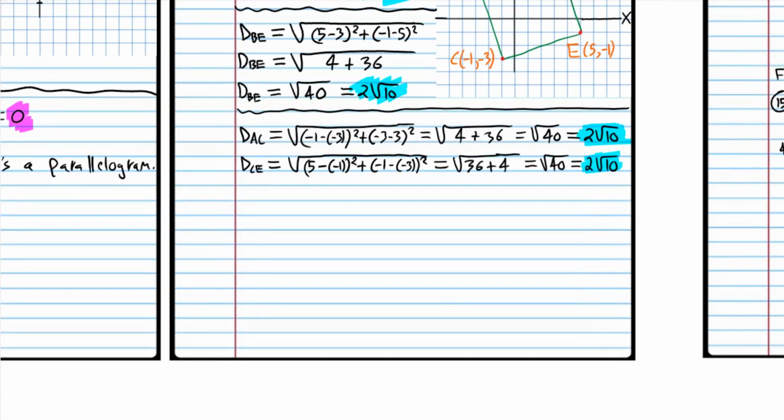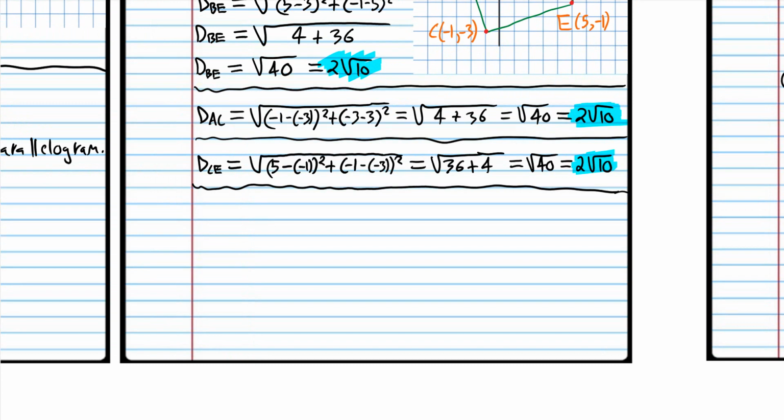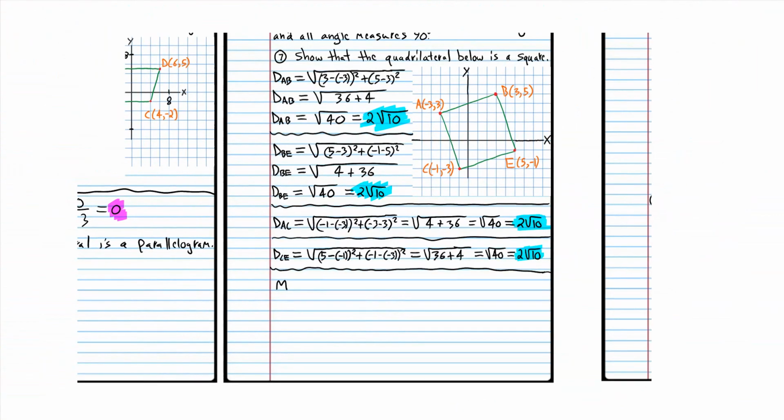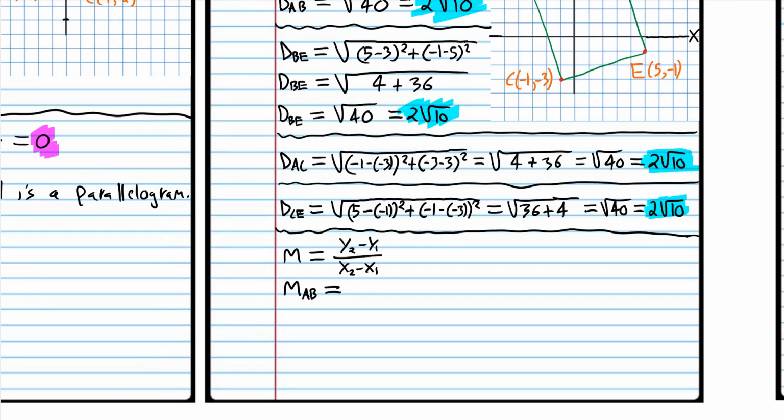So now we're going to move on to the slopes. So we will find the slope of AB. Just to remind you, now we're using this formula. Let me show you the formula: y2 minus y1 over x2 minus x1. So we're changing formulas now, okay?